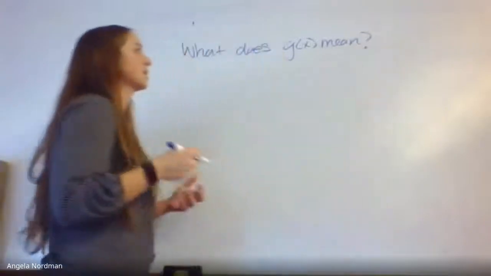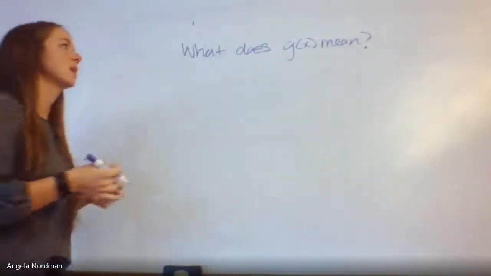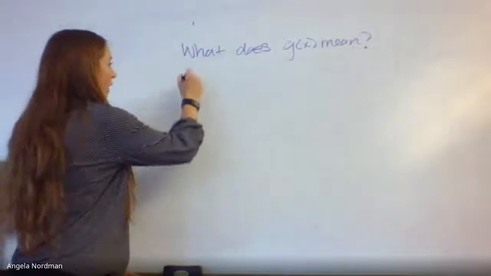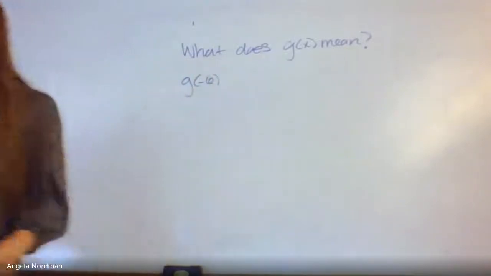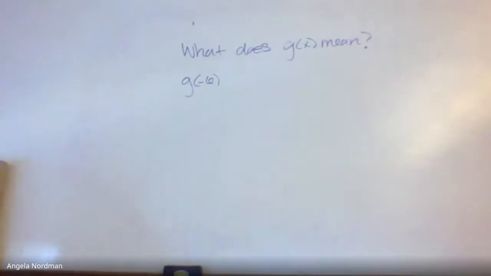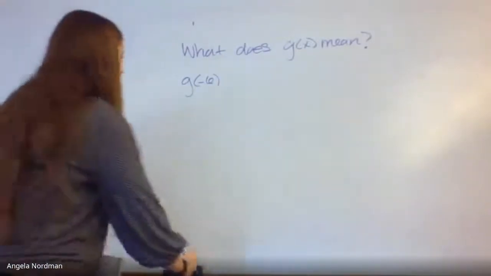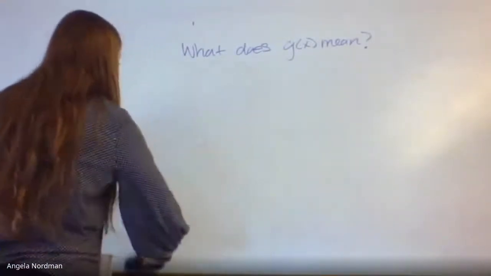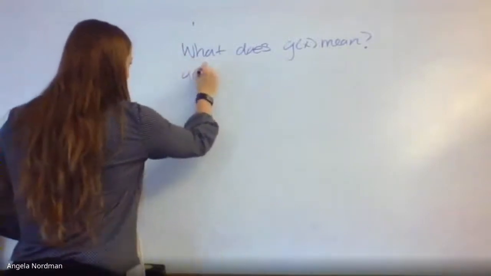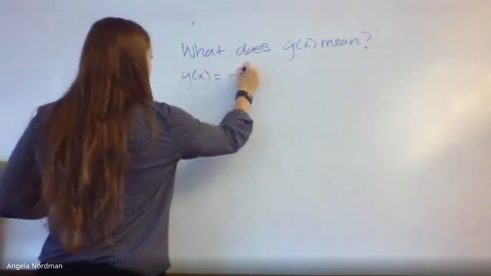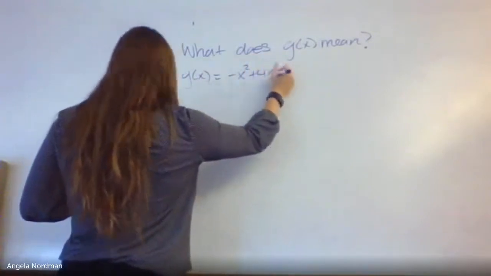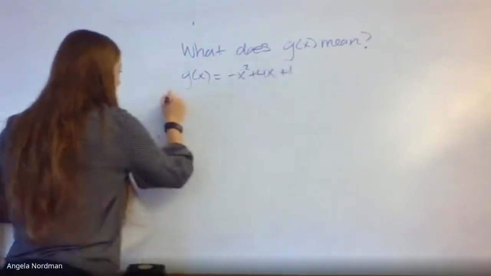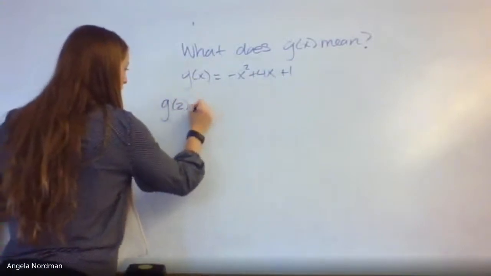So basically what I'm saying is, if I were to say, okay, go ahead and take g of -6, and you are given the function, let's not do that one actually, let's do a different one. If I give you the function g of x equals -x² plus 4x plus 1, and I said I want you to find g of 2.